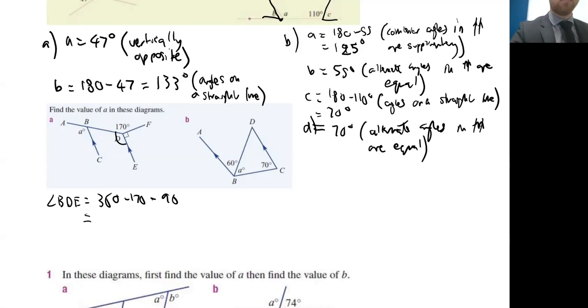So that's going to give me 100, I think. Okay. And because I know angle BDE is 100, I can say angle A is also going to be 100 because corresponding angles on parallel lines are equal.